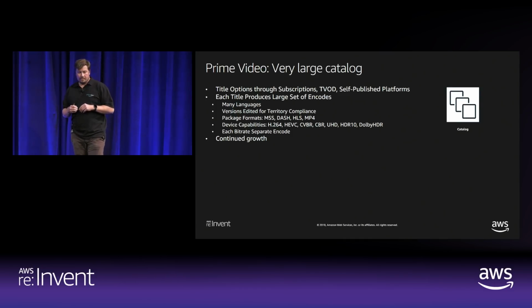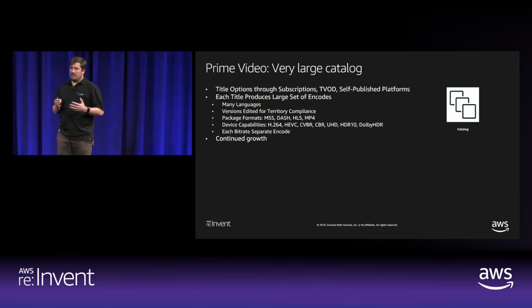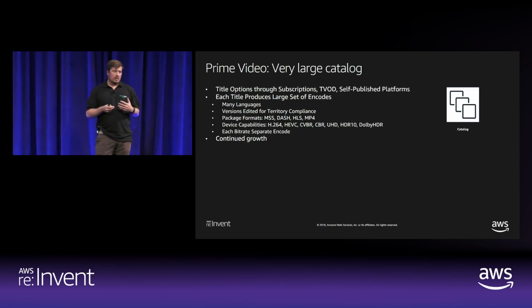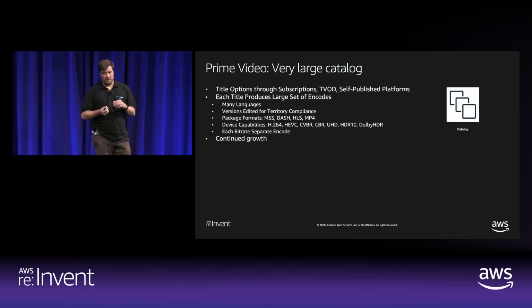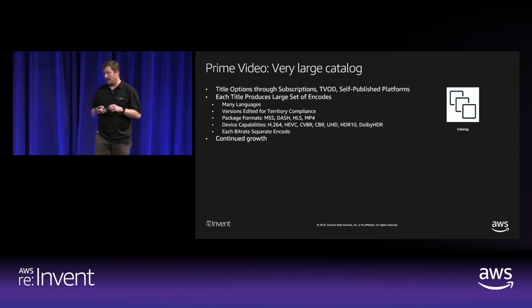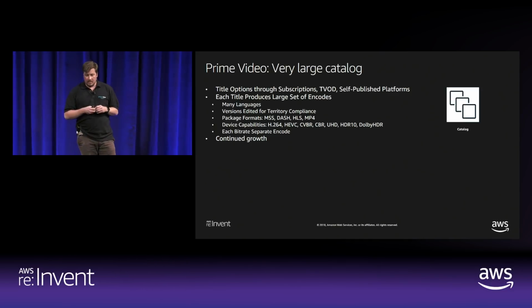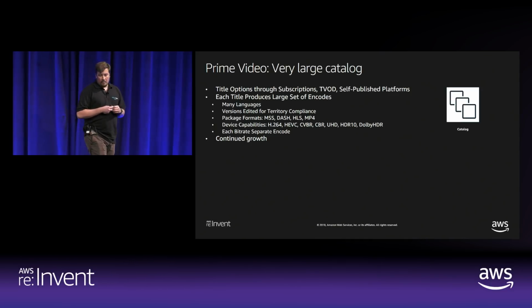We support 3 package types. If you're familiar with video streaming, all video streaming today is done through different package types. We use Microsoft Smooth Streaming, Apple HLS, and MPEG-DASH. We also have progressive download through MP4.